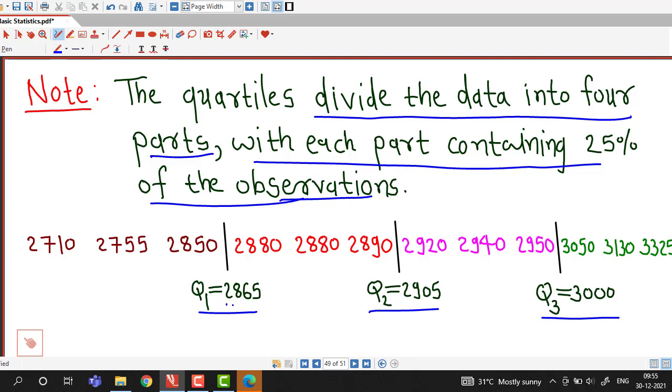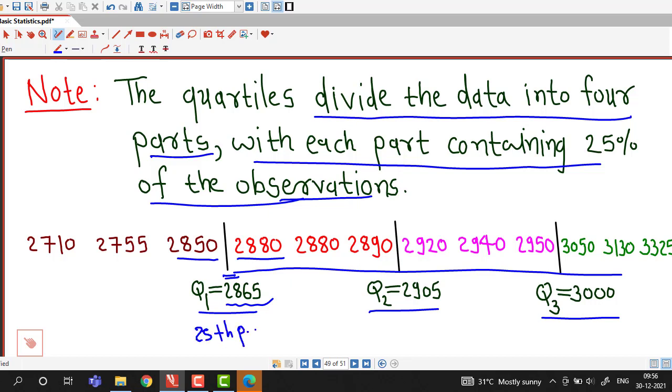So Q1 is 2865, which is greater than 2850 and smaller than 2880. So we can see that 25% of the observations are below Q1 and 75% of the observations are after Q1, or greater than Q1. This is the 25th percentile.